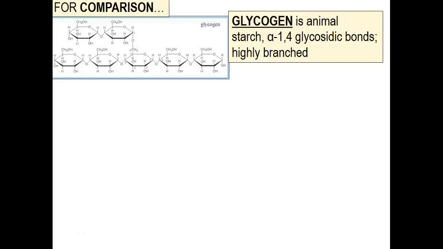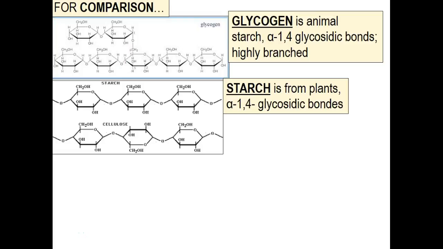It's a good idea to take a look at these different branched polysaccharides because we'll be talking a lot about them during the course. So we already mentioned glycogen, animal starch, alpha-1,4 glycosidic bonds. I won't ask you that. Remember that it's highly branched though. And then here's starch from plants, which of course we have a lot of in our diet, also formed by alpha-1,4 glycosidic bonds.